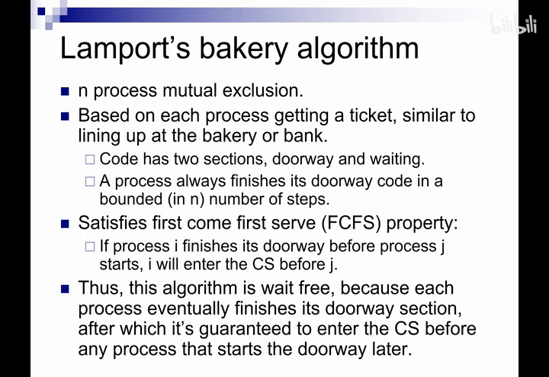If somebody is not in the doorway right now, then he is going to be one of these J guys who starts his algorithm after I finish my doorway, and by the first come first serve property, he's going to enter after me. So the only guys that can enter before me are the guys concurrent with me, and there's only a finite number of those, and therefore I'm never going to have to wait forever. I just have to wait for my concurrent threads to finish.